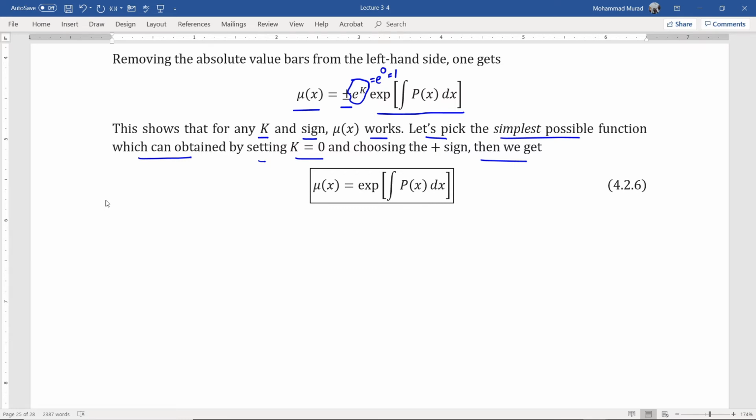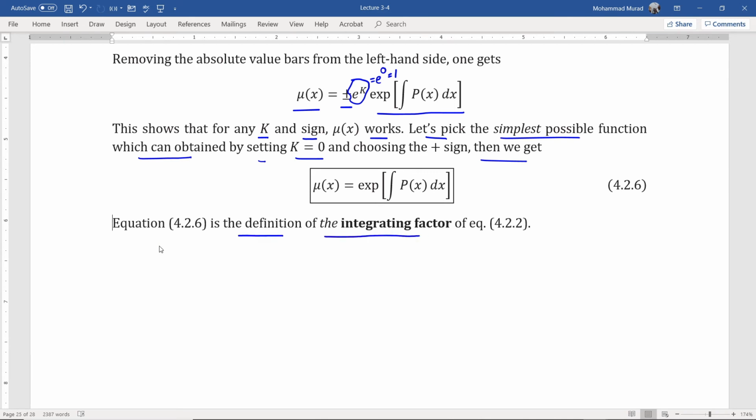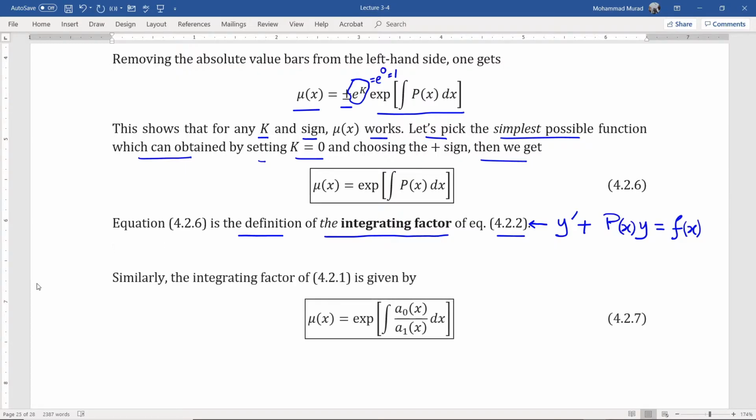Mu of x equals exponential of the integral of p. 4.2.6. This equation is the definition of the integrating factor of equation 4.2.2. Similarly, the integrating factor of the equation 4.2.1 is given by the equation shown in the box, 4.2.7.